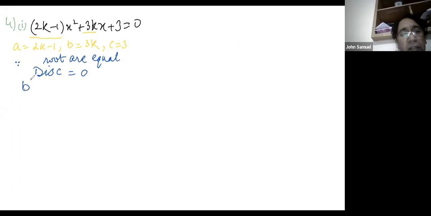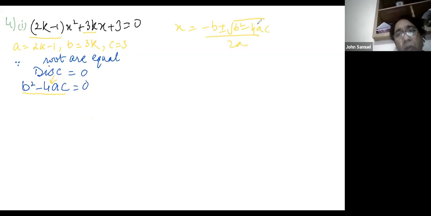You are familiar, discriminant is b square minus 4ac, and this is equal to 0. For those who did not do the previous class, I am telling this: this is the discriminant value, and where did we take this value from? Minus b plus minus square root of b square minus 4ac over 2a. And I told you that this value is the discriminant's value. Hope you are getting it.